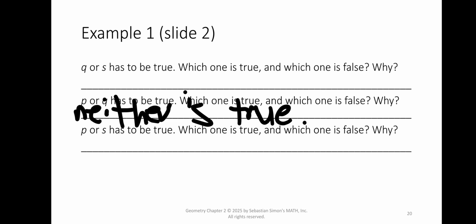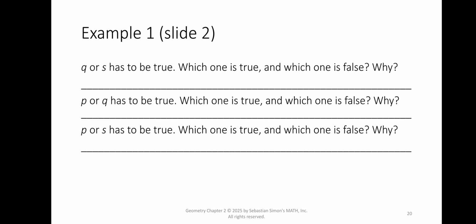I did not mean to write V. For neither. So neither one of them is true. So P or S has to be true. In that case, S is true.